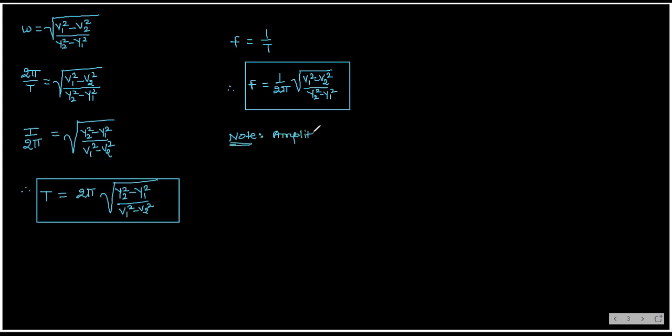I am not going to derive it, you just want its expression, the formula. In the above case, v1 square is equal to omega square times (A square minus y1 square), and v2 square is equal to omega square times (A square minus y2 square).